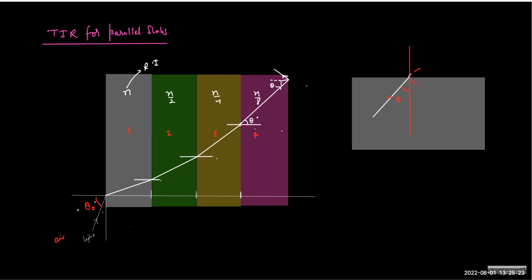You can say majority is transmission, but a minority of reflection is always there. So there is nothing like 100% transmission. Transmission is always less than 100% for any angle of incidence.